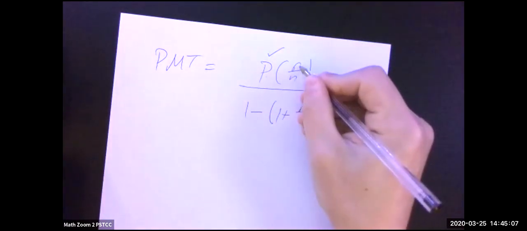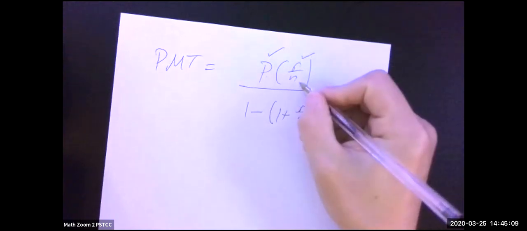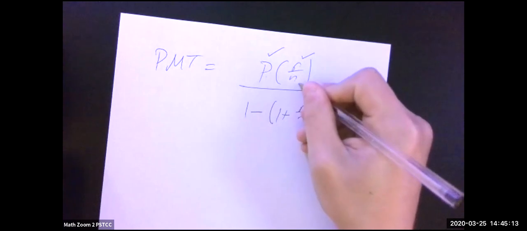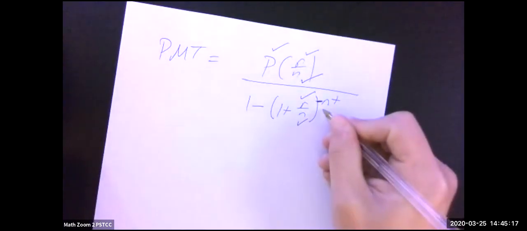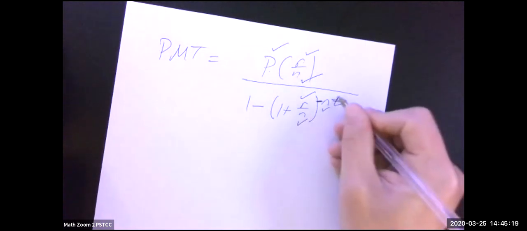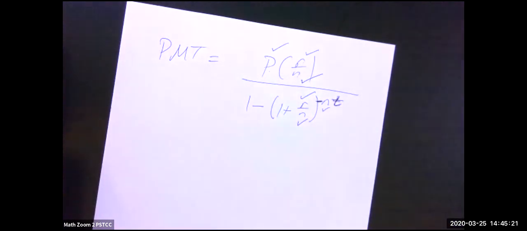R is the rate, we have that. N is the number of compounding periods per year. This is a monthly mortgage, so that'll be 12. So the last thing we need is T. For this project, we'll be doing a 30-year mortgage. So we have everything we need to compute the mortgage payment.